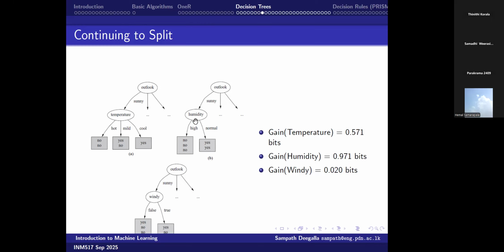Which one is the next attribute you are going to put in? Since you have selected Outlook as the root node, from the left branch, when Outlook is sunny, we need to find out which attribute to put in the branch. So there are 3 possibilities here. You can put temperature, humidity, and windy. And we remember that there were 5 instances that came to this branch.